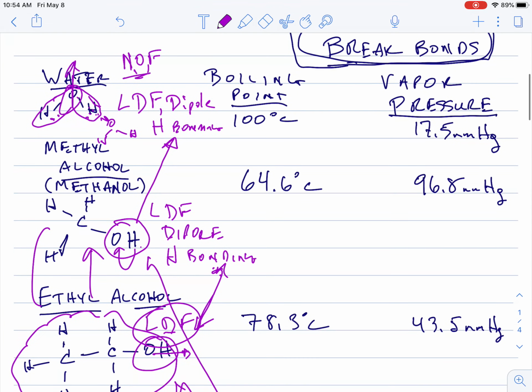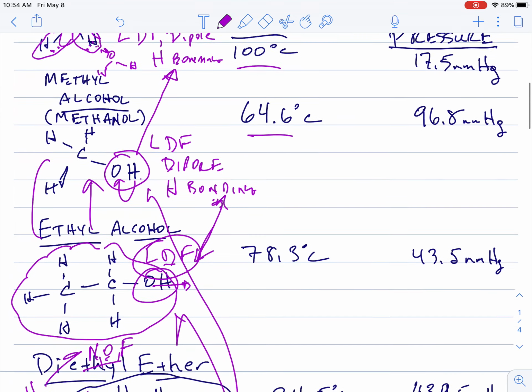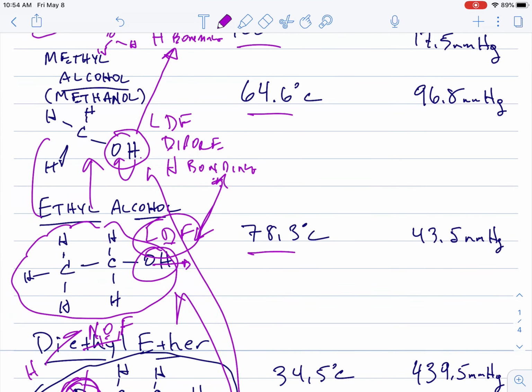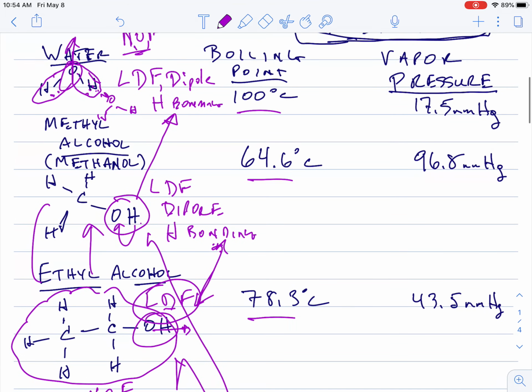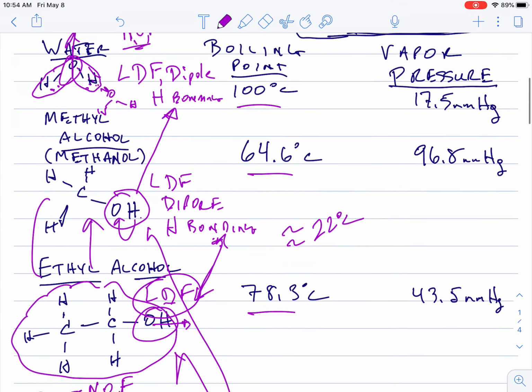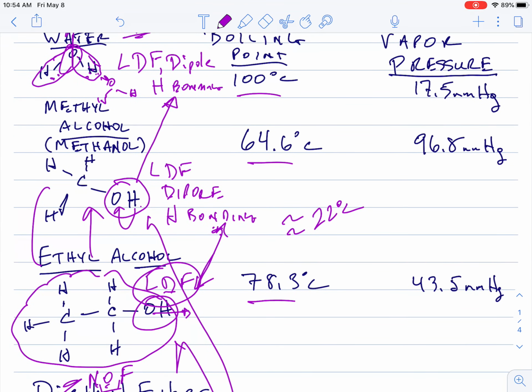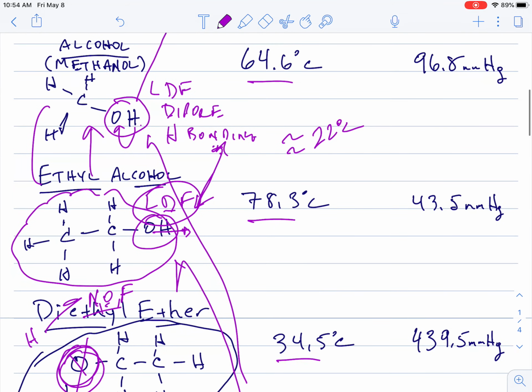Okay, so now let's look at boiling point. So the boiling point of water you all know to be 100 degrees Celsius. Methyl alcohol is 64.6. Ethyl alcohol is 78.3. Diethyl ether is 34.5. Now, allowing for the fact that room temperature is about 22 degrees Celsius, all of these are going to be liquids at room temperature because at 22 degrees Celsius, they're all going to be below their boiling point.